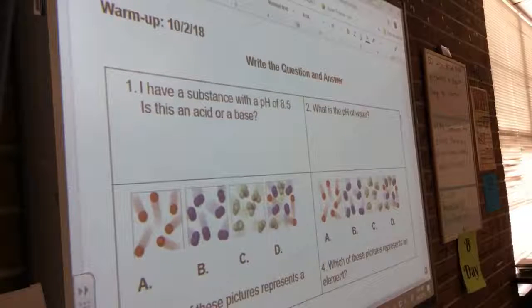Do we have to write number 3 and 4? Yeah, just don't draw the pictures unless you just really want to. I'm not grading pictures, so you write them if you want.